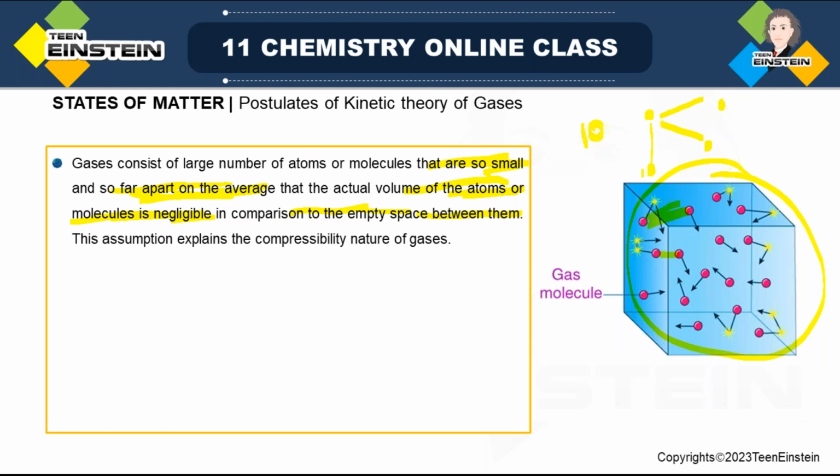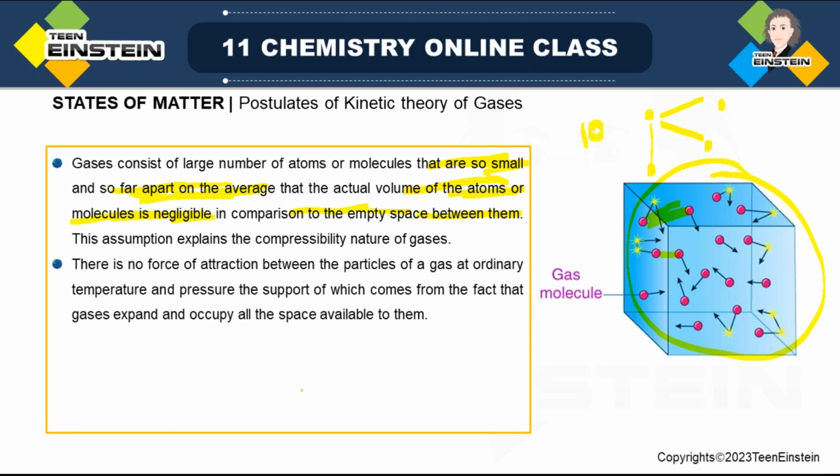Obviously V2, the actual empty space present between them, is far greater than the volume of the total particles. So this is the assumption we can make: the volume of the atoms or molecules, V1, is so small compared to V2, the empty space between them, that you can neglect it. V1 is negligible compared to V2.